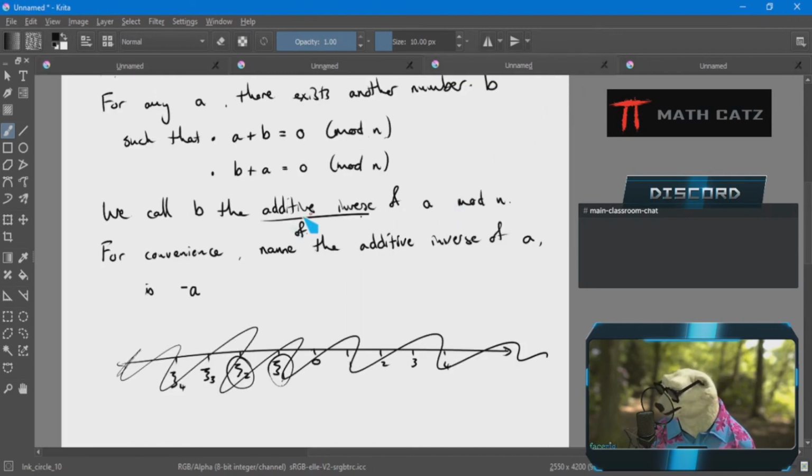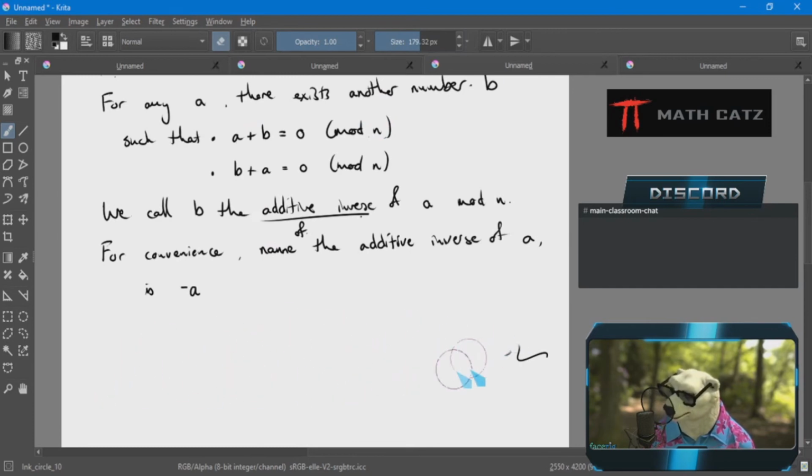So let's have a taste for how this could look in general. I'm going to shorten this a little bit and skip some technicalities here.